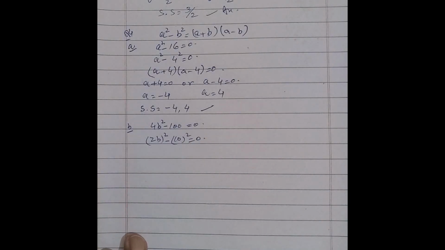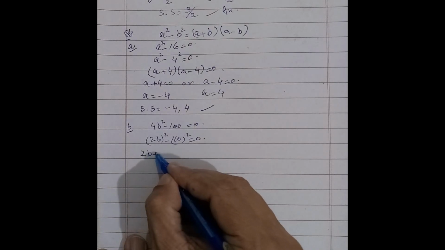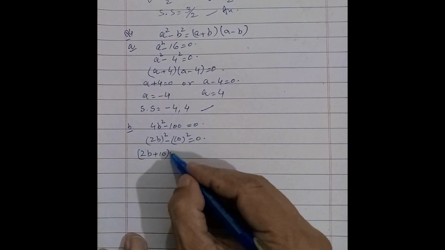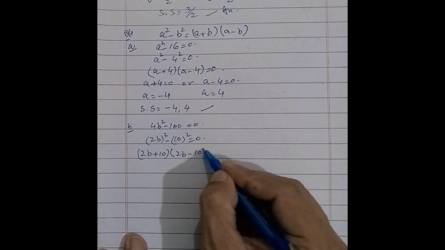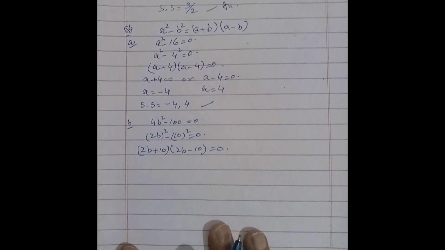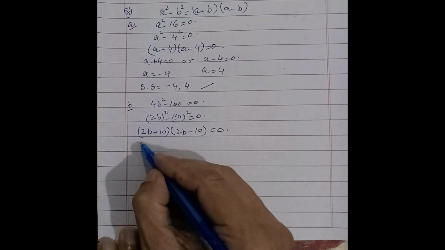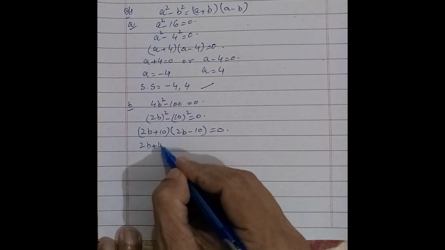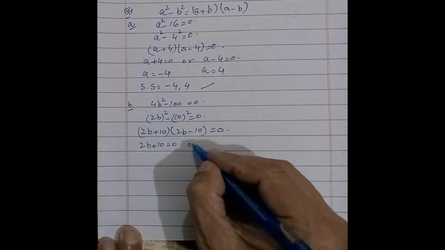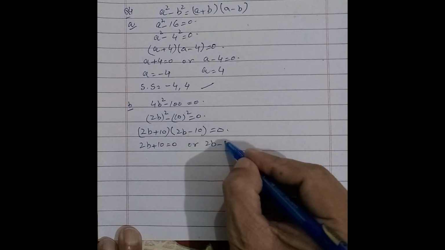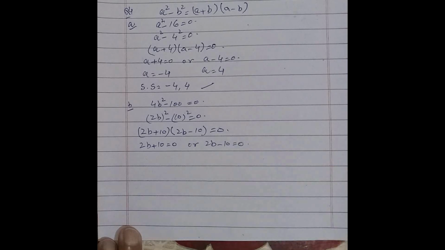Now we apply the rule, which is a plus b into a minus b: 2b plus 10 into 2b minus 10 is equal to 0. Now we write them equal to 0, which is 2b plus 10 is equal to 0 or 2b minus 10 is equal to 0.